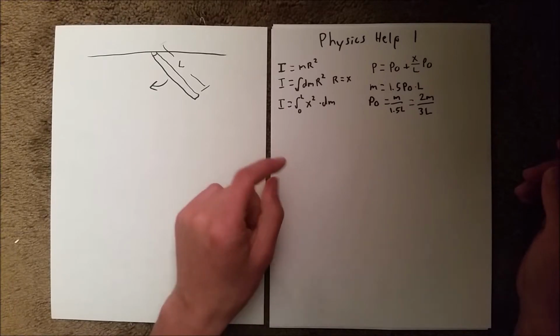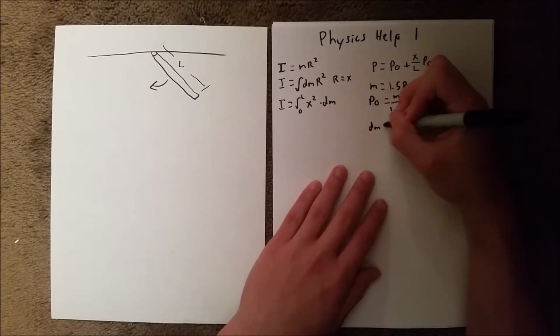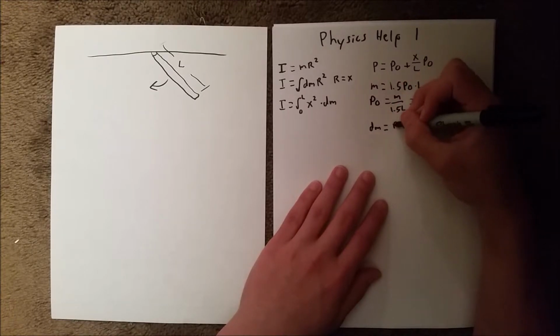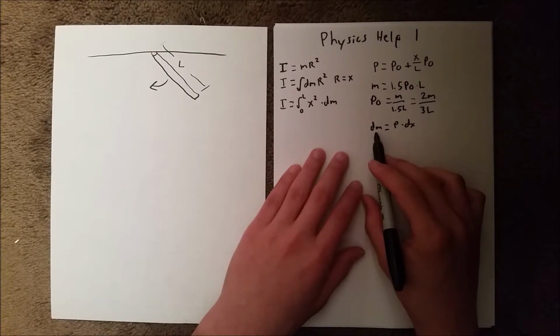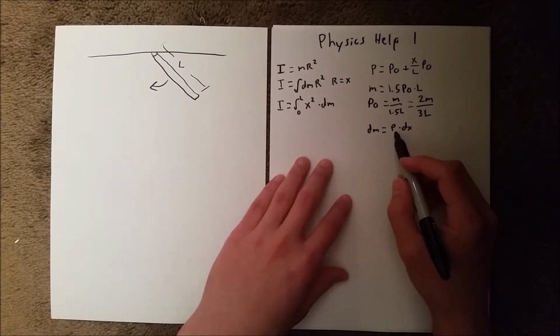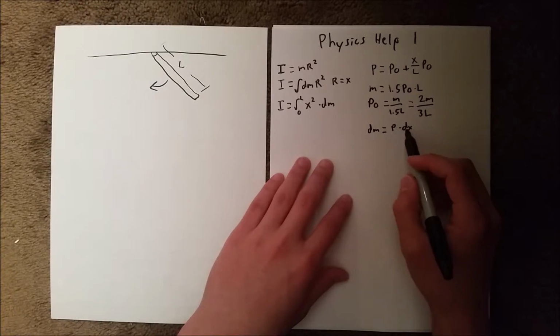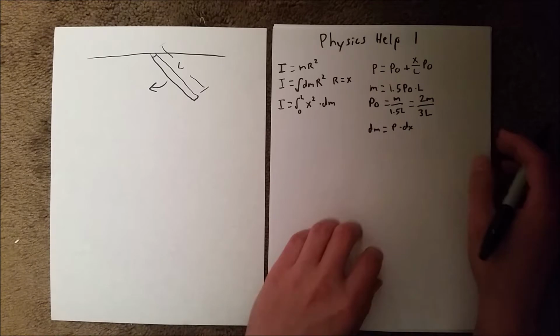And then finally, to get our dm, dm is going to equal our density times change in x. So what this means is we have our change in mass, which is going to be equal to our density at a certain point on the rod.